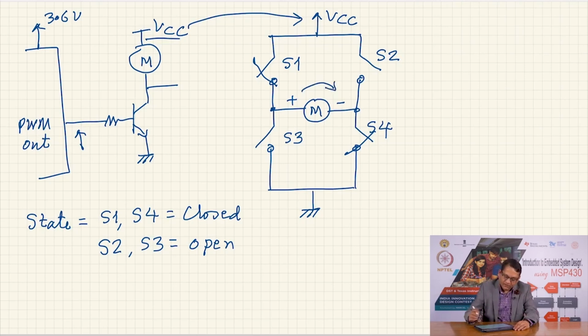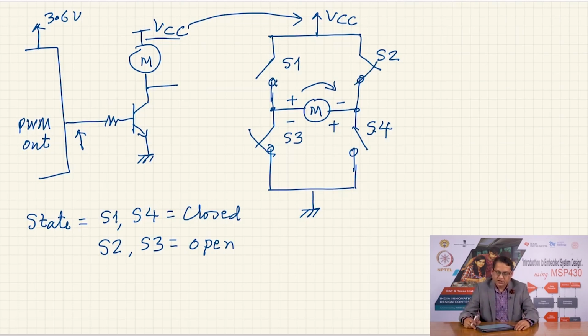Now, I open switch S1, and instead I close S2 and S3, and it applies a voltage here in this polarity. So, the polarity of the voltage has been changed to the opposite of the earlier one, and because of this, the motor is going to go in this direction.